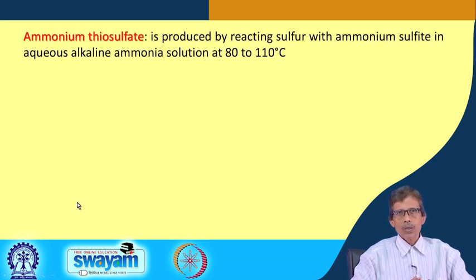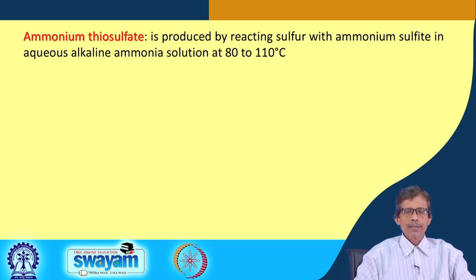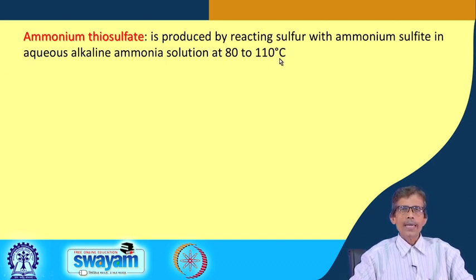Then we move to the other salt, that means not sodium but the ammonium salt, which can be produced again directly by reacting sulfur with ammonium sulfide. Instead of sodium sulfide, it is now ammonium sulfide in aqueous alkaline ammonia, that means ammonium hydroxide, at 80 to 110 degrees centigrade.